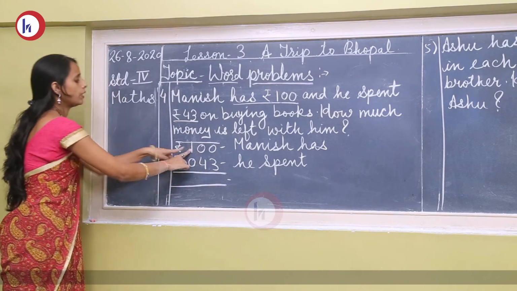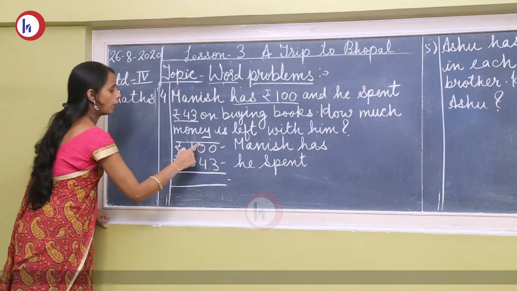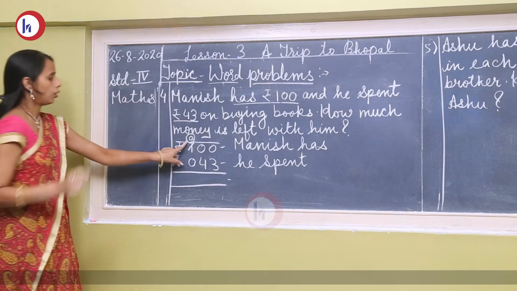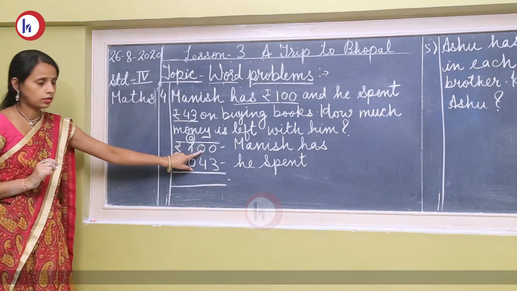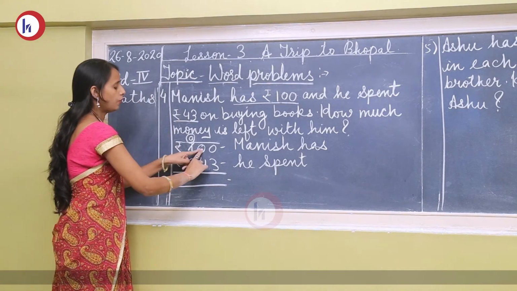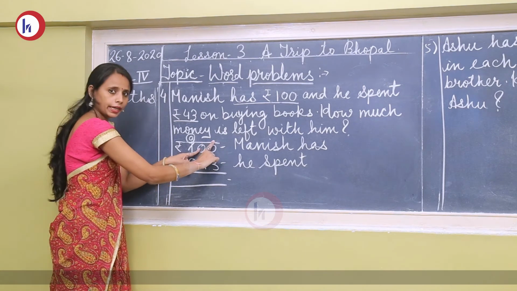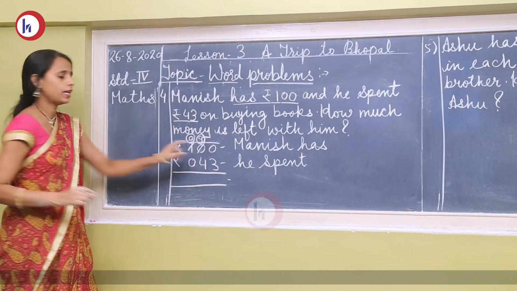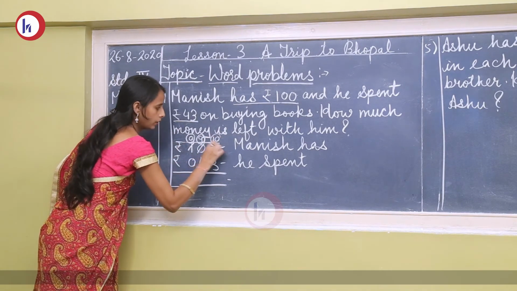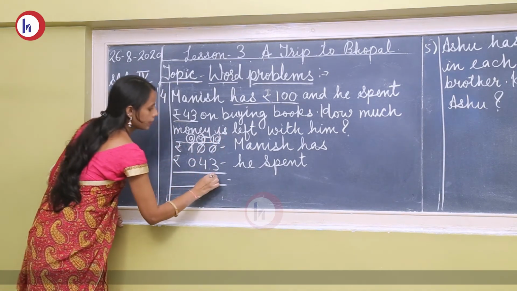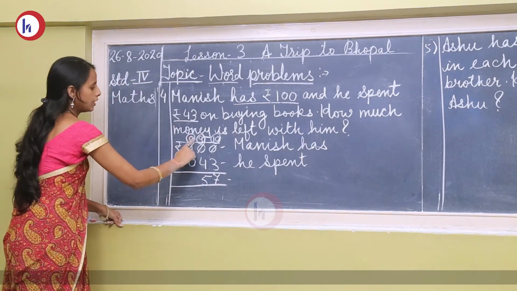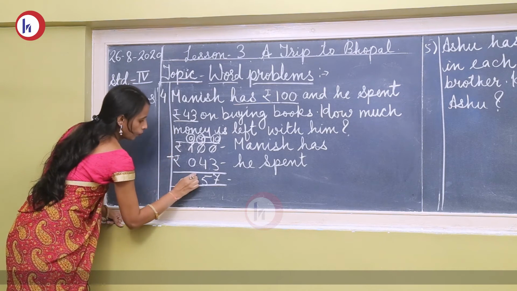So the hundreds place is 1, so we have to borrow from here. Here will be 0, and here will be 10. Then if we give 1 from 10, here will be 9. And on the unit place here will be 10. So 10 minus 3 is 7. And 9 minus 4 is 5. Then 0 minus 0, 0.